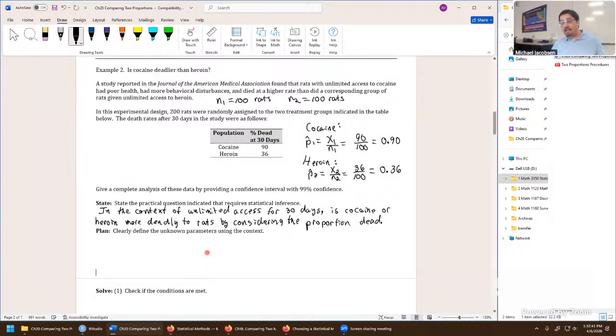The statement part right there kind of gets us started because our subconscious is thinking about the context as we write out this parameter. We'll say here, we're calling one subscript the cocaine group. So let's keep that order the same all the way through the question.